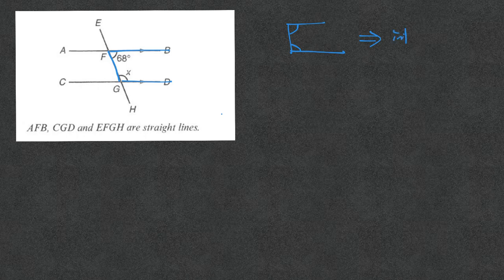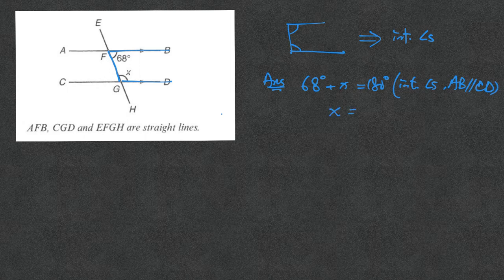Yes, that's very good. It's interior angles. So as a result, the answer will be quite easy: 68x degrees plus x equals 180, because of interior angles, and lines AB and CD are parallel to each other. By using a calculator, or you can do it mentally, finally it is 112 degrees.